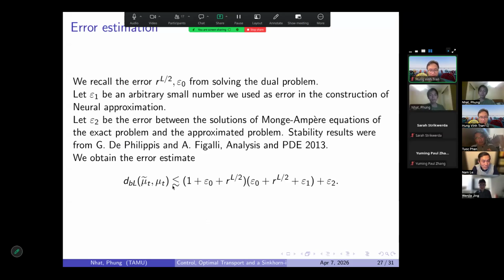And so what we show is that the bounded Lipschitz distance is actually bounded by this error, with some constant in here, so we have an arbitrarily small distance, so it actually converges in the weak sense.